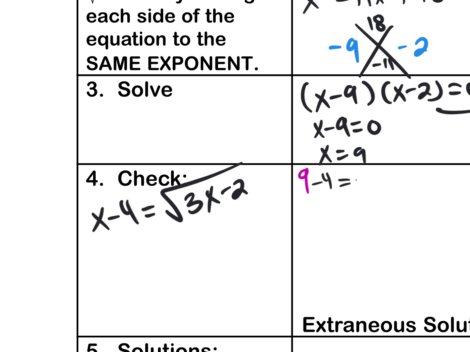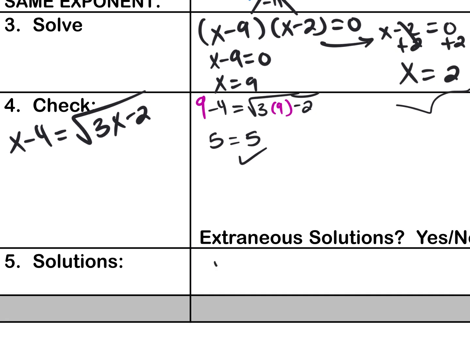And I have to make sure that it's equal to the square root of 3 times 9 minus 2. So basically, I plugged it into this original problem, but instead of the x's, I replaced it with a 9. 9 minus 4 is 5. This would go into the calculator, the square root of 3 parentheses 9 minus 2. The calculator should give me 5 back, so it works. x equals 9 is a solution.